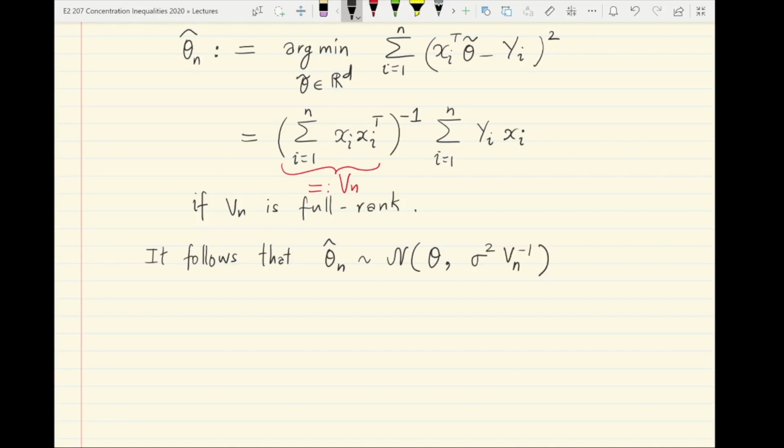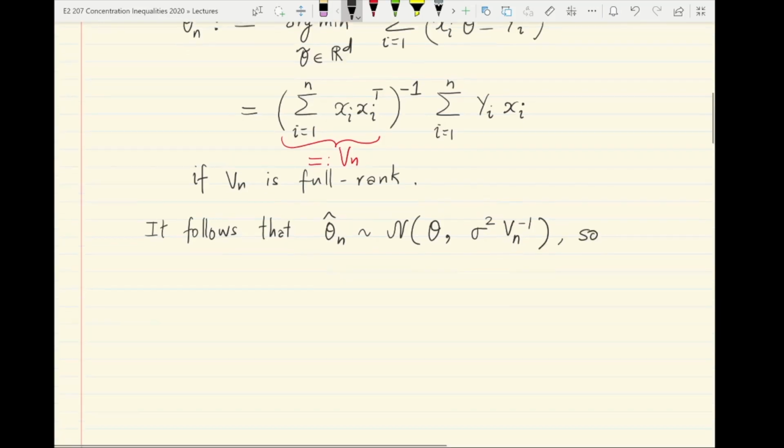Sigma square, recall, is the variance of the per measurement additive noise, and Vn in some sense is the overall design matrix representing how much of each direction in the space of d dimensions is being explored.